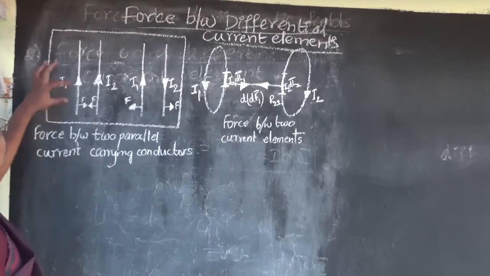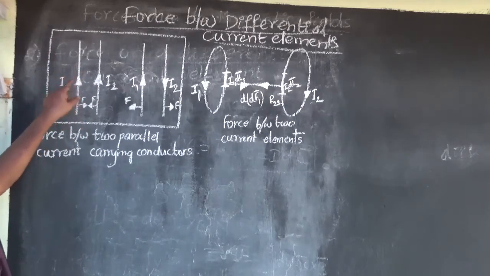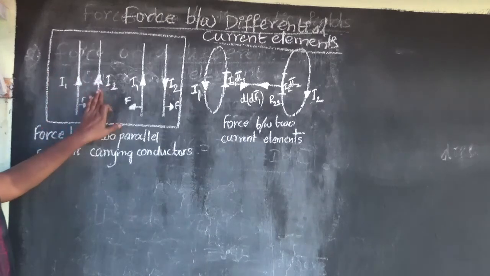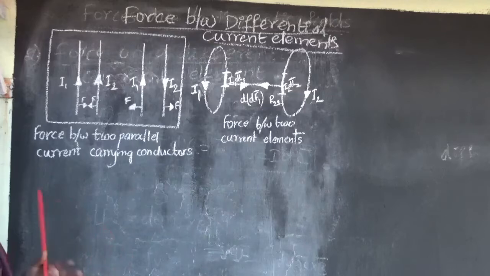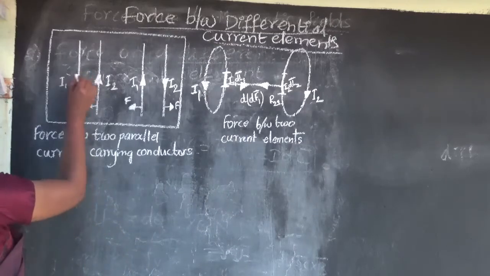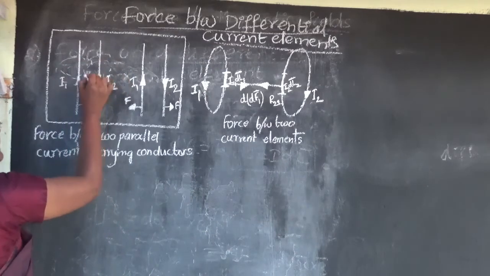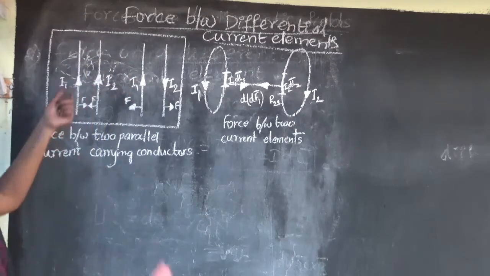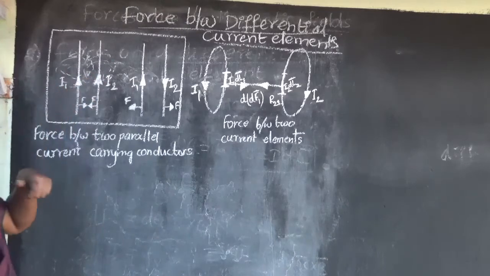Here, this current carrying conductor will produce some magnetic field around it, and the other current carrying conductor will also produce some magnetic field around it. So there will be some interaction between the fluxes produced by each element.